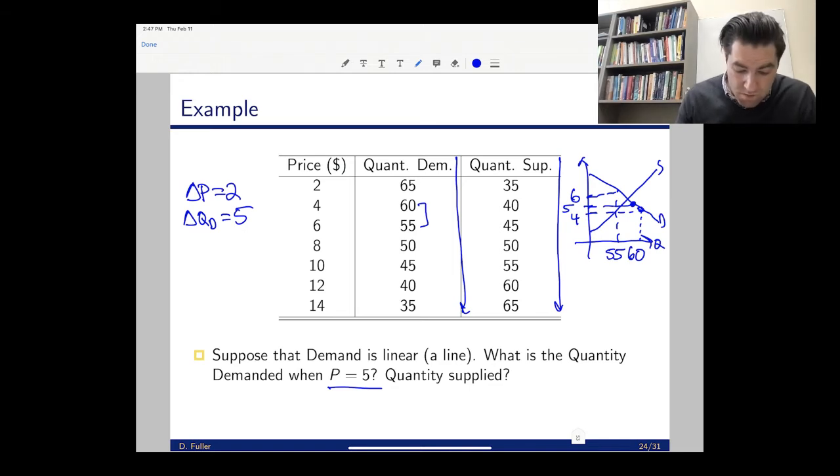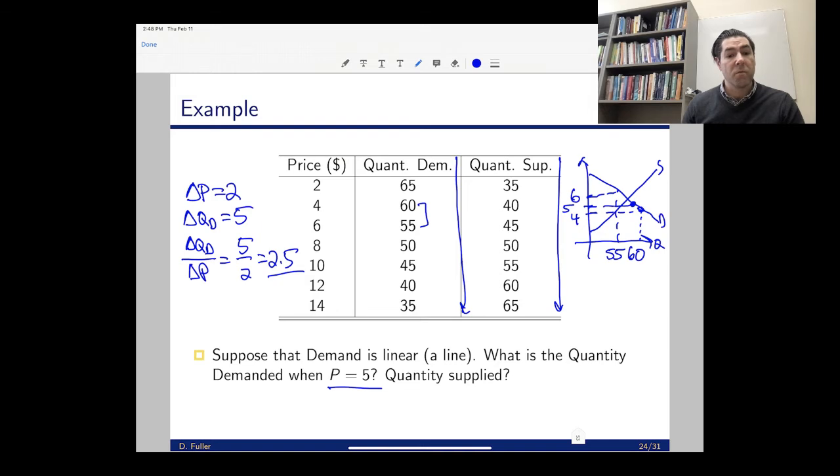So if I want to know per unit, the change in quantity demanded divided by the change in the price is 5 divided by 2, which is 2.5, right? So for every 1 unit increase in the price, quantity demanded is going to change by 2.5.